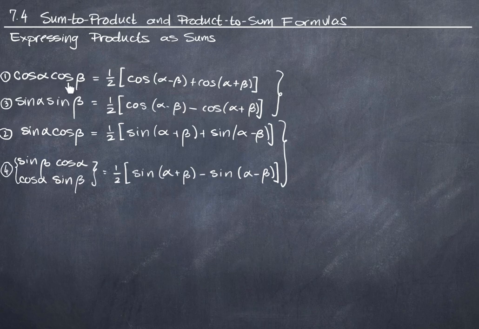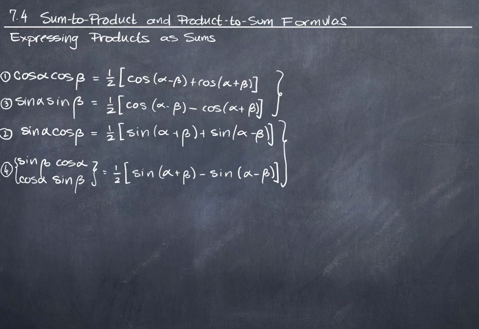It's just that with two cosines, you need a plus here, and with two sines, you need a minus here. So for me, this grouping makes more sense. You do whatever you need to make it make sense to you, but that's why I've grouped them a little bit differently. The sine times cosine, and cosine times sine formulas are the same, except that one has a plus and one has a minus.